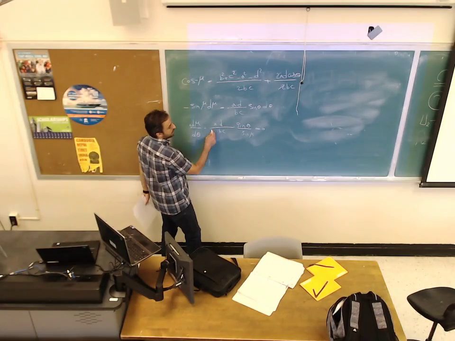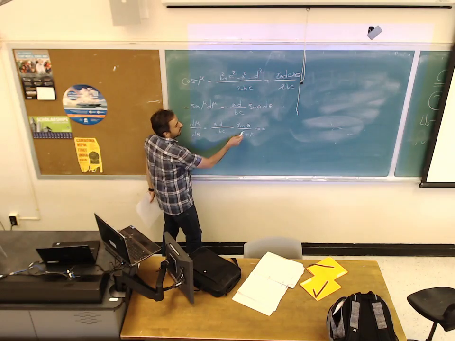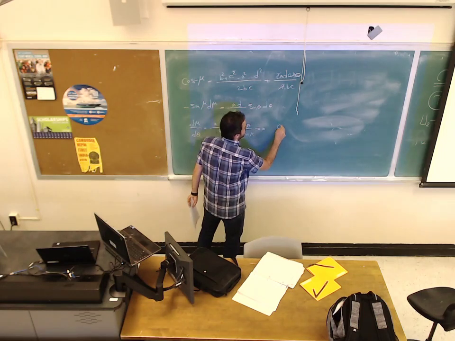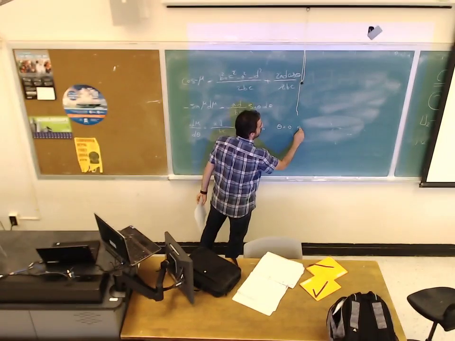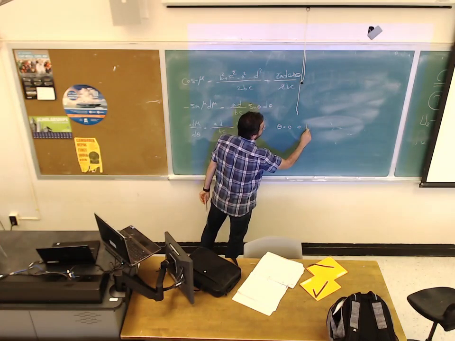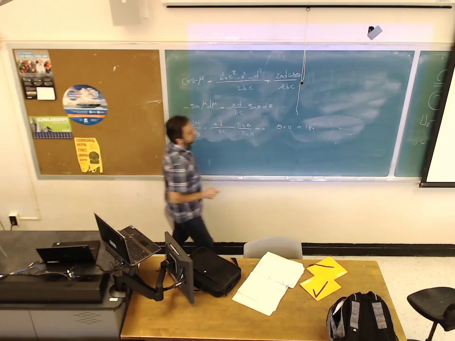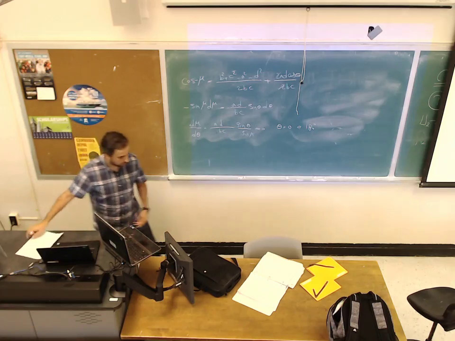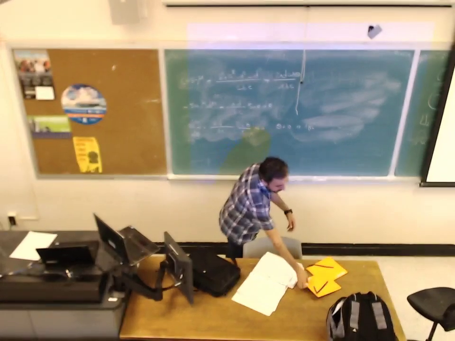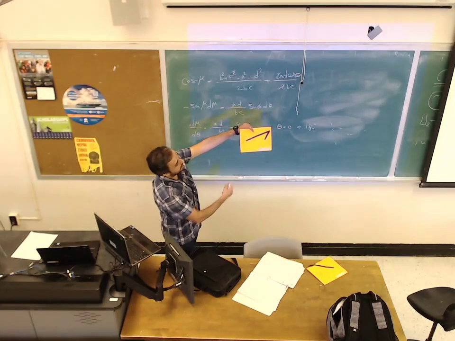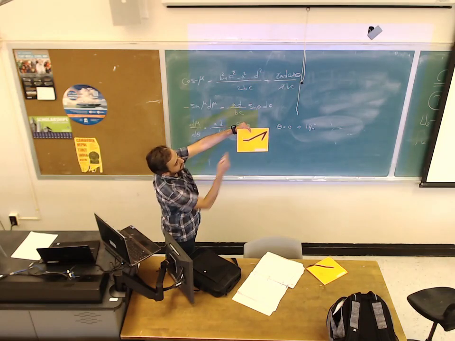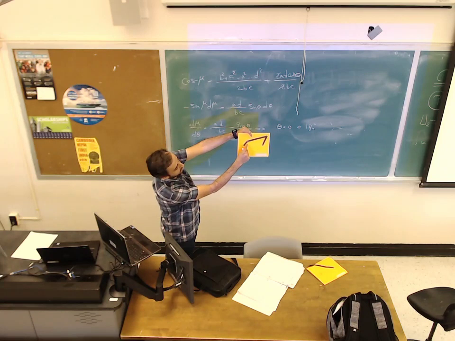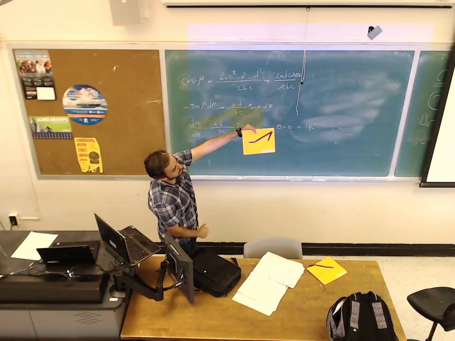So sine of mu cannot be 0. The only way that I can make this equation equal to 0 is if theta is either 0 or 180. Okay. So it means my crank rocker mechanism is going to have transmission angle at extreme position when theta is 0, at this position.